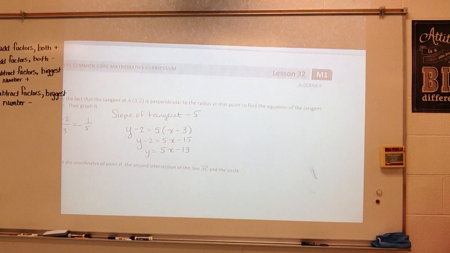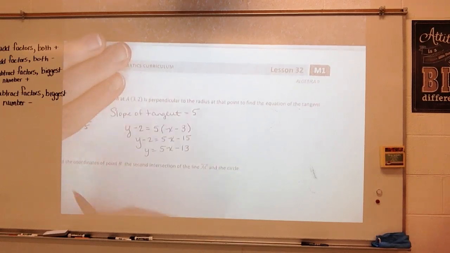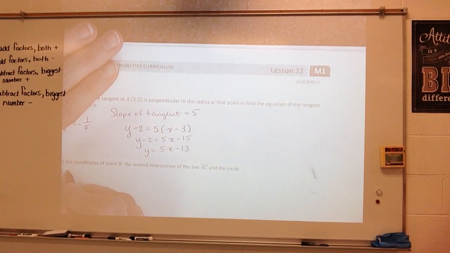All right, so I'm going to use the equation of my circle, which was (x plus 2) squared plus (y minus 3) squared is equal to 26.